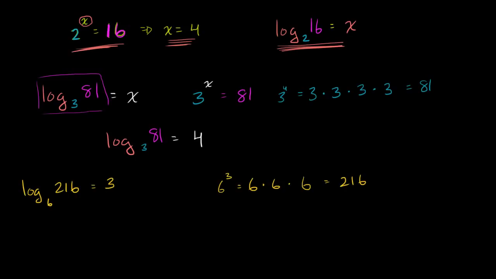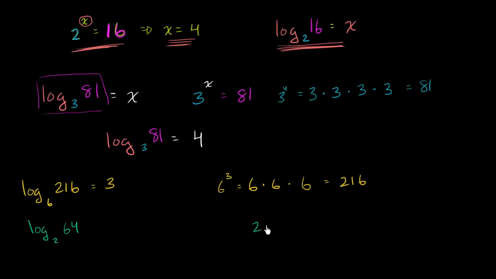Let's try another one. Let's say I had log base 2 of 64. So what does this evaluate to? Well, once again, this will evaluate to the exponent that I have to raise this base to, and you write this base as this little subscript right here. The exponent that I have to raise 2 to get to 64.